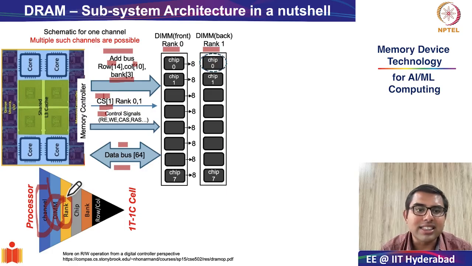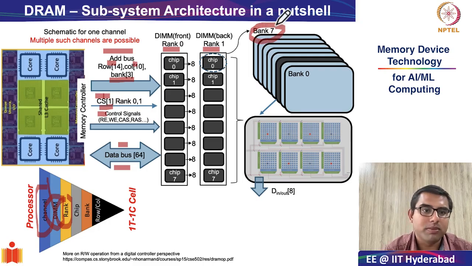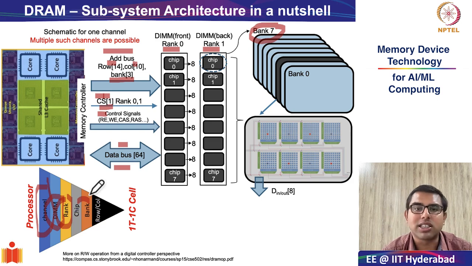Okay, next we go to the next hierarchy below rank. As we have just discussed, each rank consists of 8 chips, from chip 0, chip 1, all the way to chip 7. Remember, each chip in turn consisted of 8 banks.